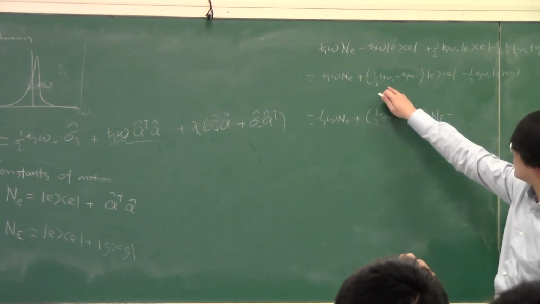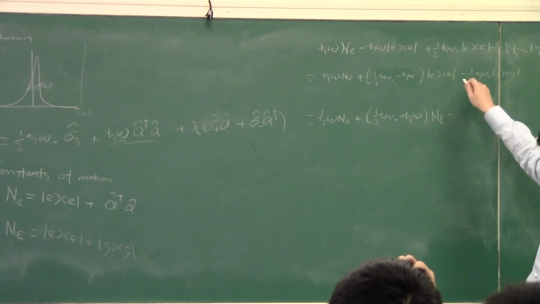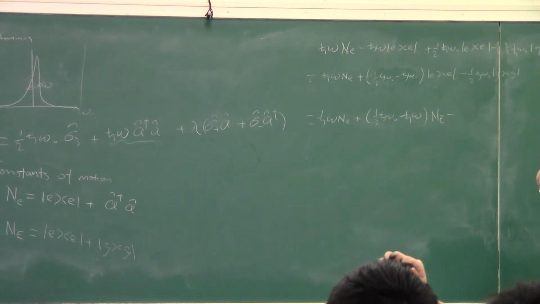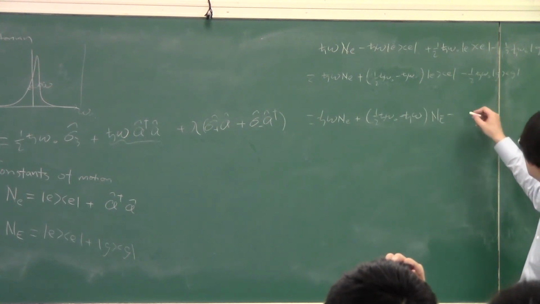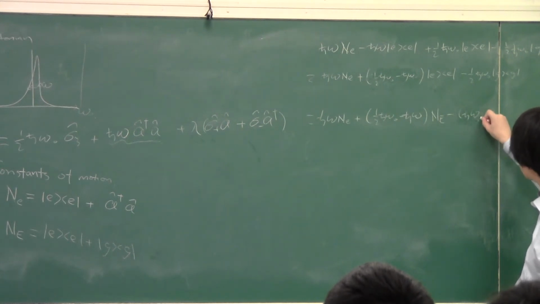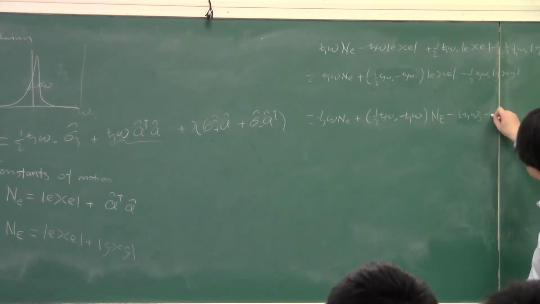Okay, you have a subtraction of this, and then combined with this factor, that gives you basically minus H bar, maybe.